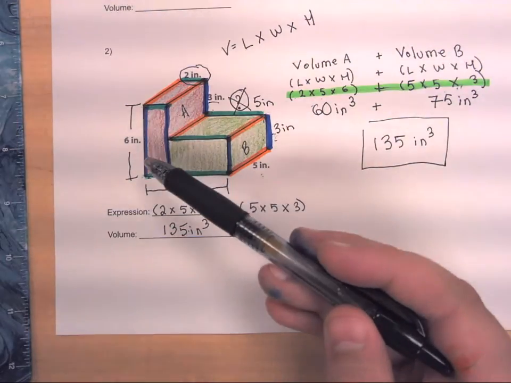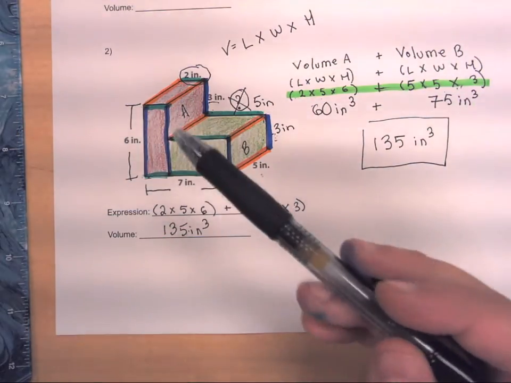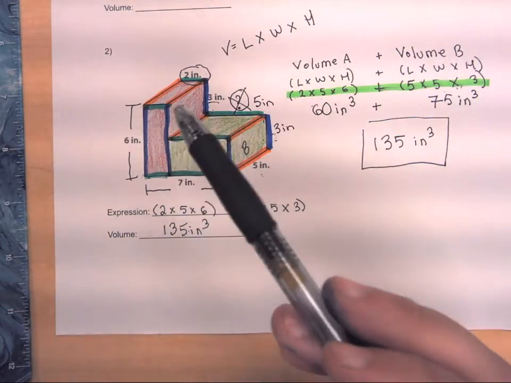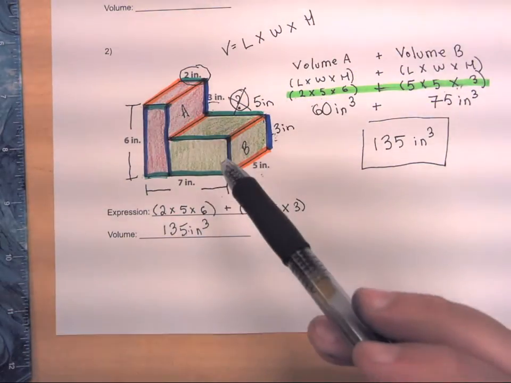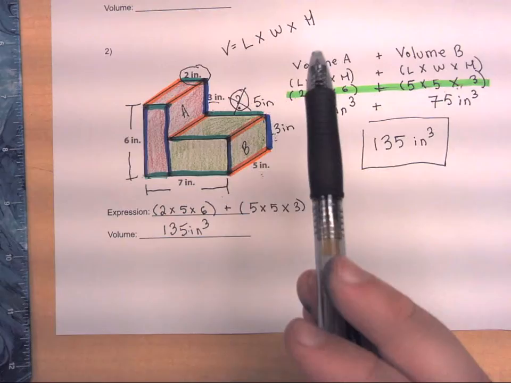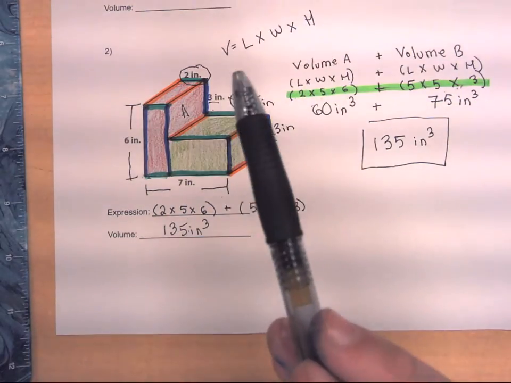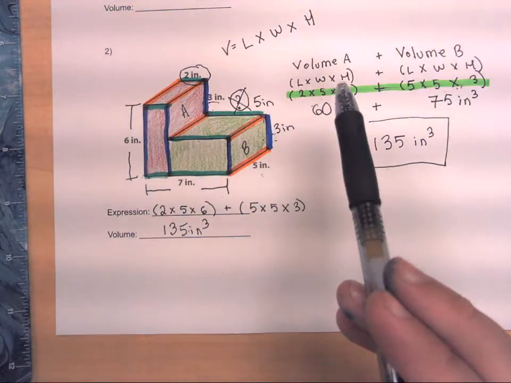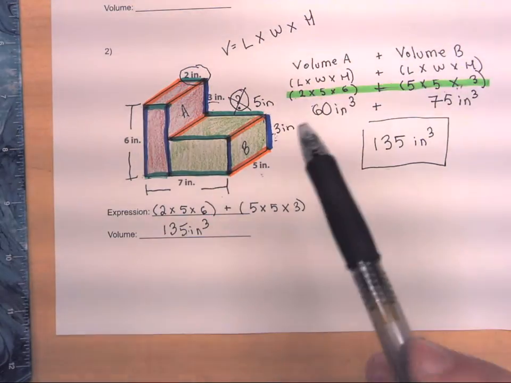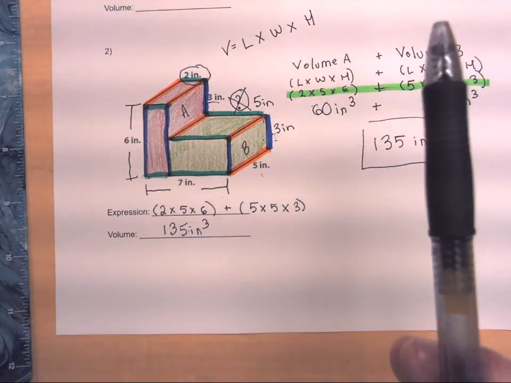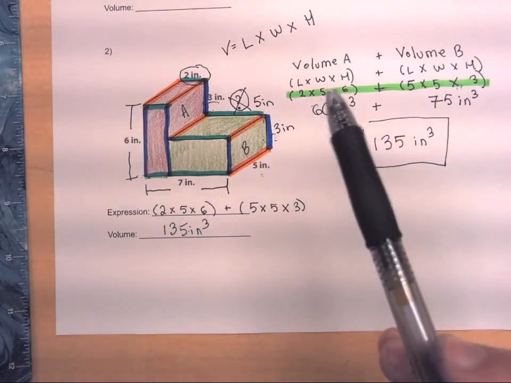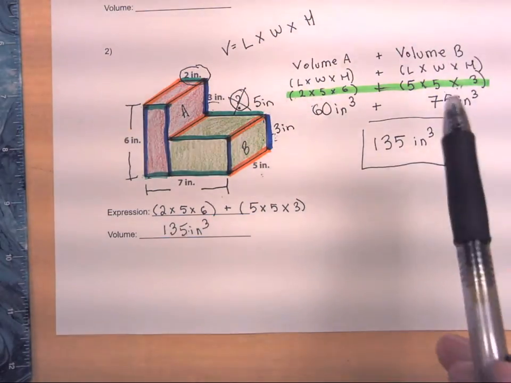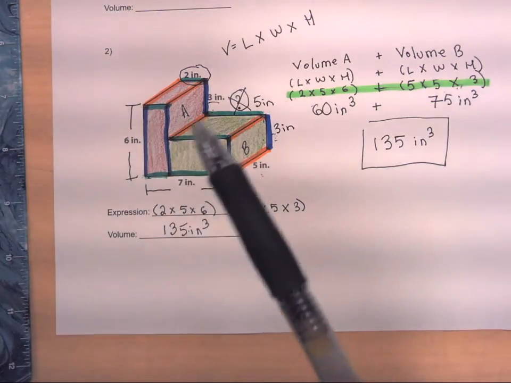We broke it up into 2 separate prisms. We identified one of the prisms as prism A, one of the prisms as prism B, and then we used the formula for volume, length times width multiplied by height, to find the volume of prism A and the volume of prism B. And lastly, we added these 2 values together to get the total volume of this composite figure.